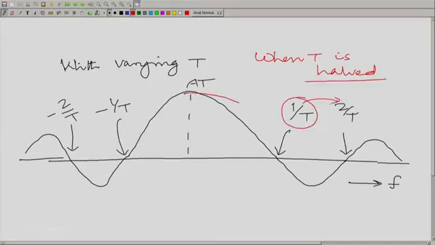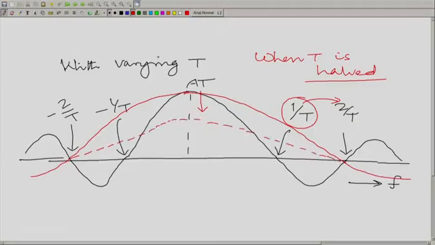So, this moves here. Moreover, this now becomes A T by 2. So, in fact, this will also be brought down. So, let me correct it and draw the correct plot in a dotted form. Let us not be too fussy about the drawing, it is just indicative.